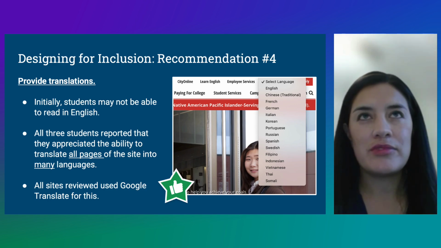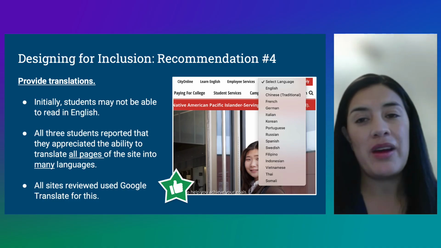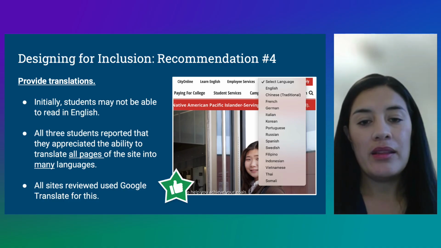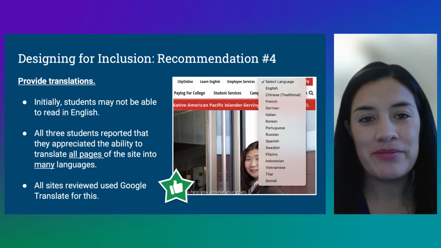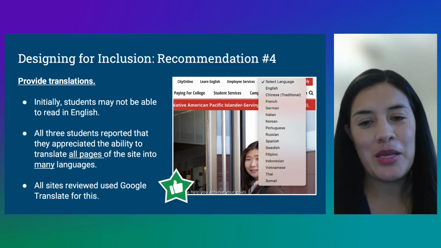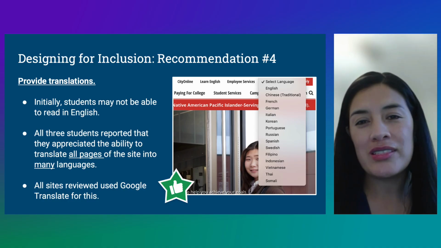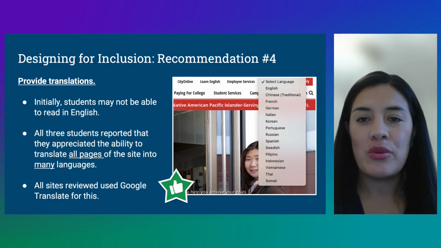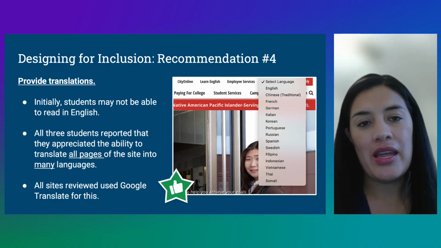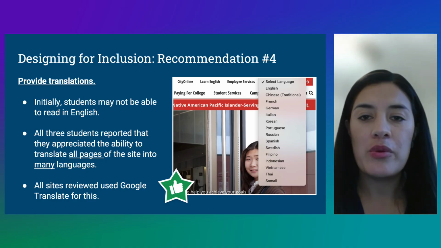Translation shows respect for linguistic diversity and helps remove language barriers. This image is a simple example that shows how translation can be used on a website, where students and families can see information in their own language.